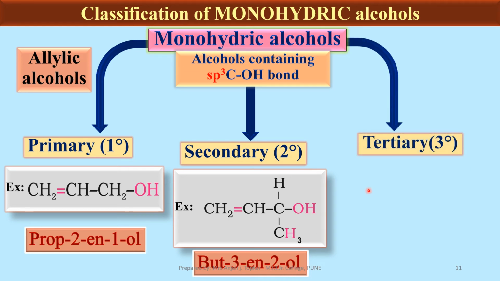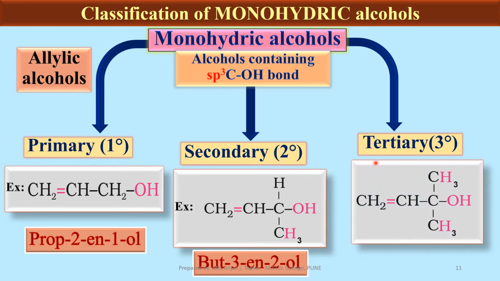Now we are going to understand tertiary allylic alcohols. The example is CH2 double bond CH, single bond C-OH, and this carbon atom is bonded to CH3 and on this side also CH3.